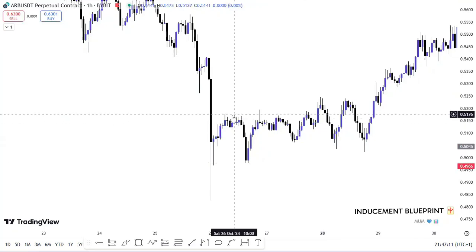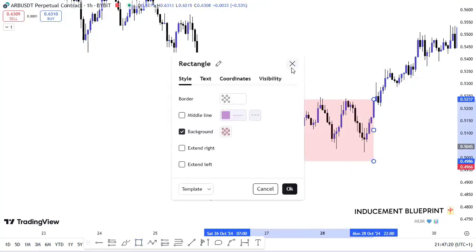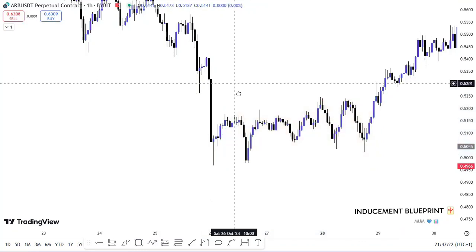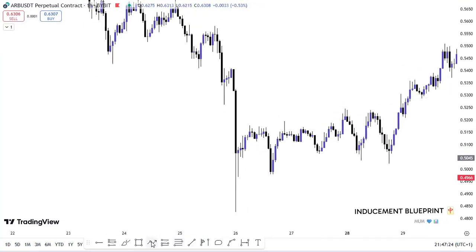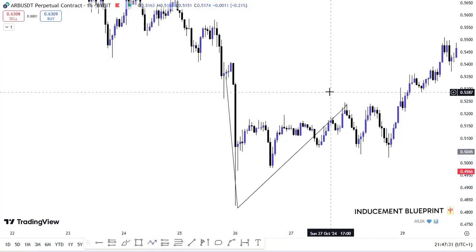Except for these other internal pullbacks we had here, if you want to mark this pullback like this, you cannot mark it like this. No, it's wrong. Why?